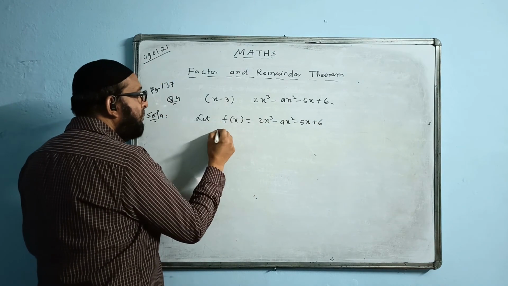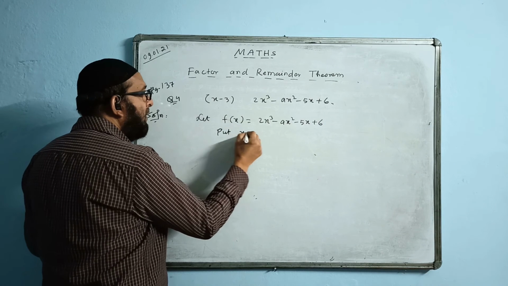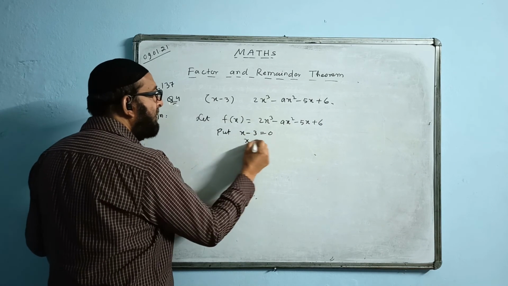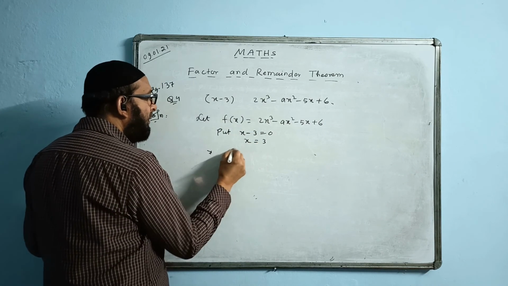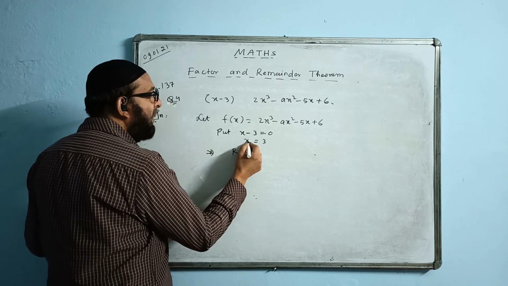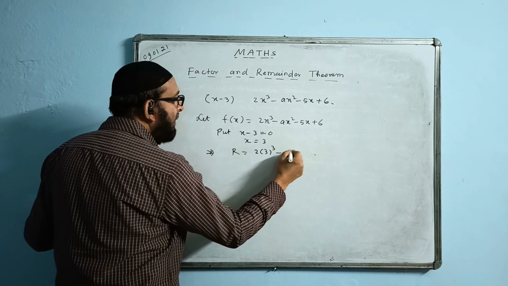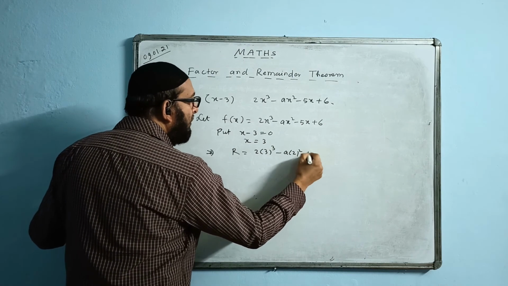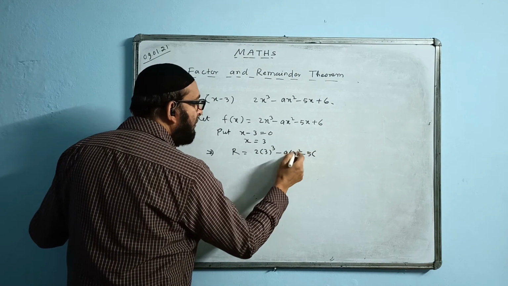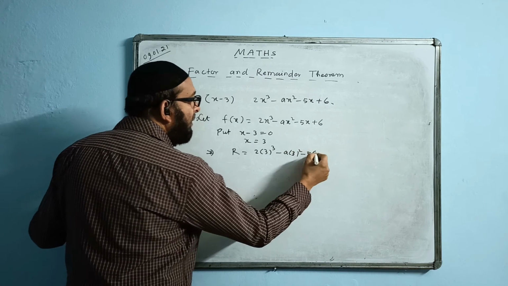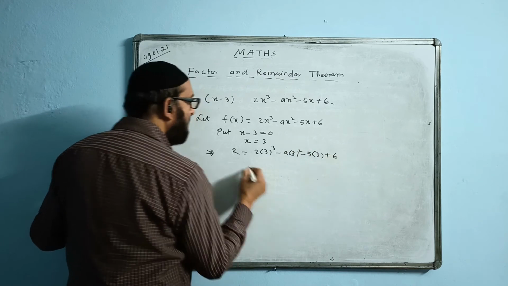Put x minus 3 equal to 0, therefore x value is 3. Go for remainder r. How do you find the r value? By putting the value of x as 3: 2 into 3 cube minus a into 3 square minus 5 into 3 plus 6.